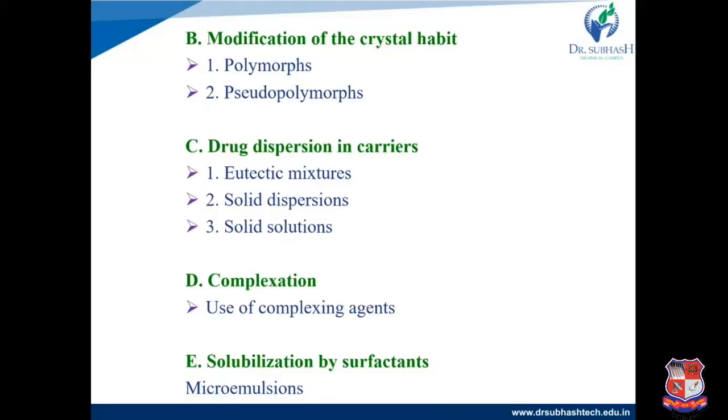A eutectic mixture is a mixture of two or more chemical compounds at a composition that has the lowest melting point. It is prepared by the fusion method, and when the eutectic mixture is exposed to water, the soluble carrier dissolves, leaving the drug in the microcrystalline state, which solubilizes rapidly.